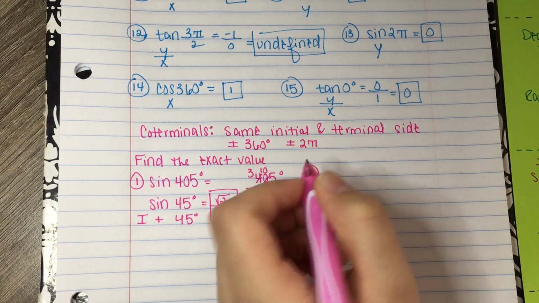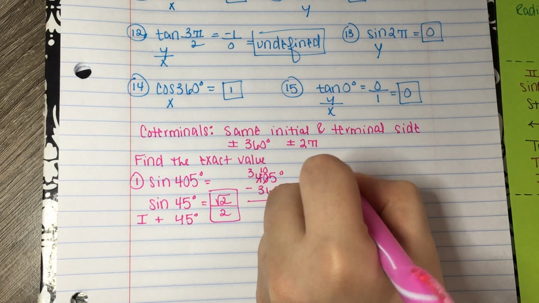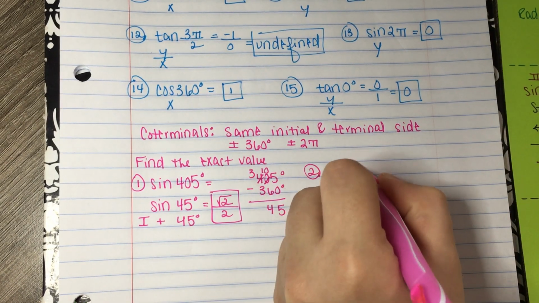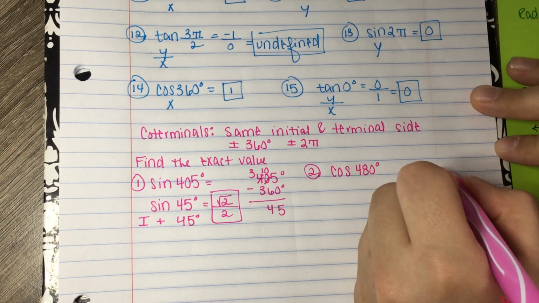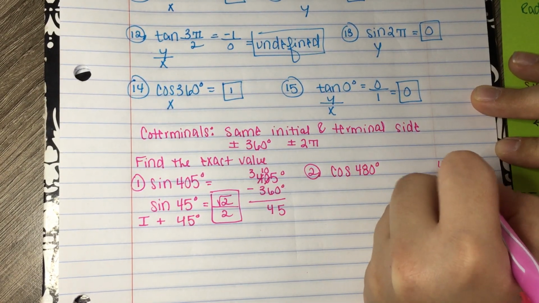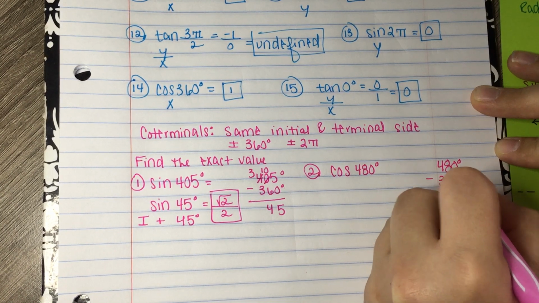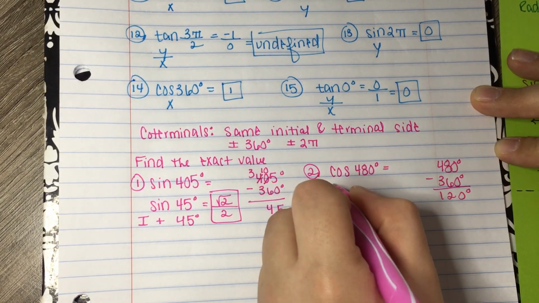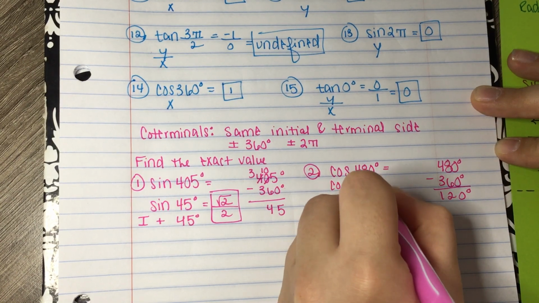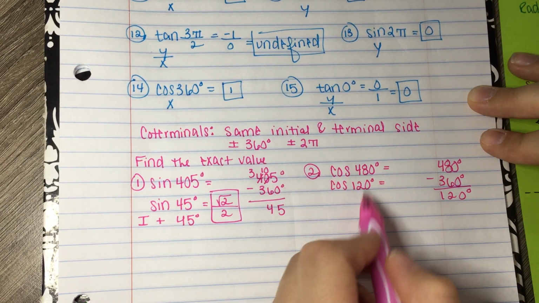Number 2, we'll do another degree one, and then we'll go to a radian. Here we are, we're going to take a look at cosine of 480 degrees. I see 480 degrees is past 360, so I'm going to take that 480 and subtract a revolution to solve for a coterminal angle. And then I see here that cosine of 480 degrees is the same answer as cosine of 120. These are coterminal.